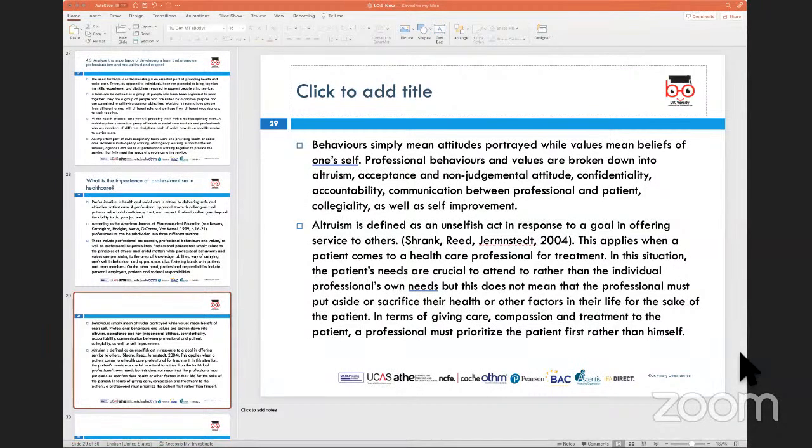In these values, you make sure you're not being judgmental when you communicate or provide this service, and you're providing it as an unselfish act. Maintaining professionalism means delivering to certain guidelines which have been set as standards, and doing so as a selfless act. In those cases, that would be deemed as professionalism.